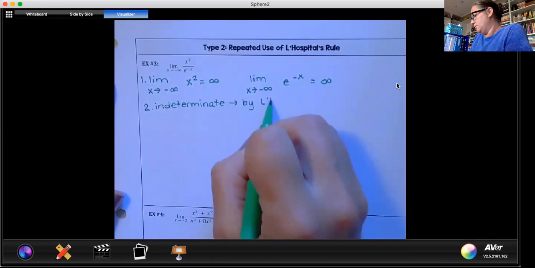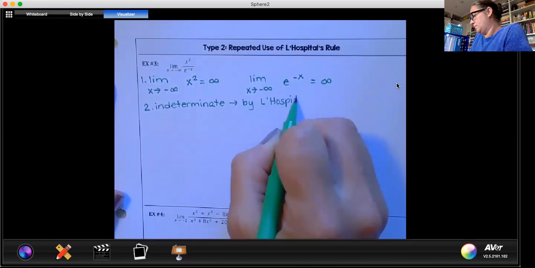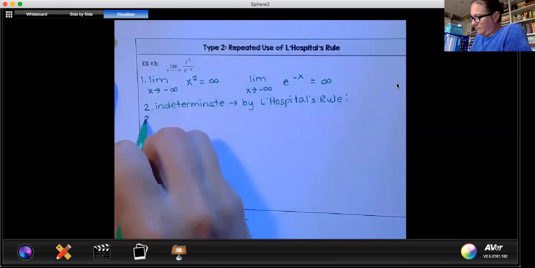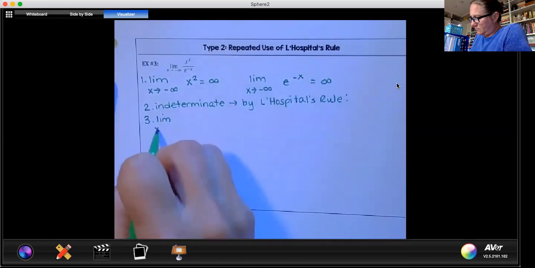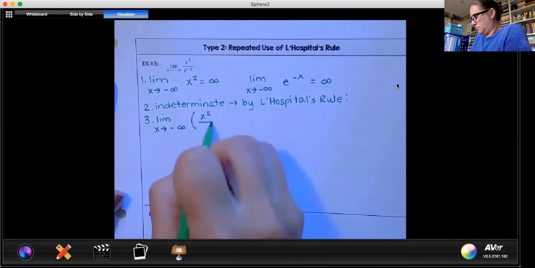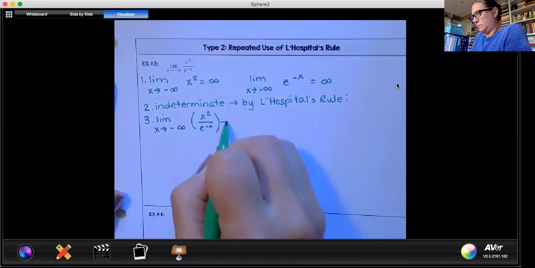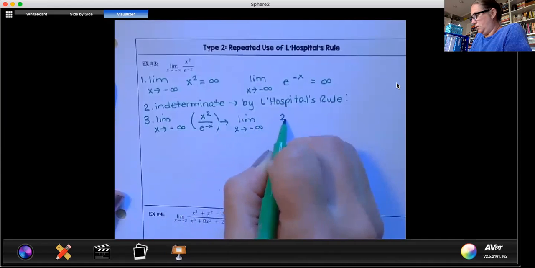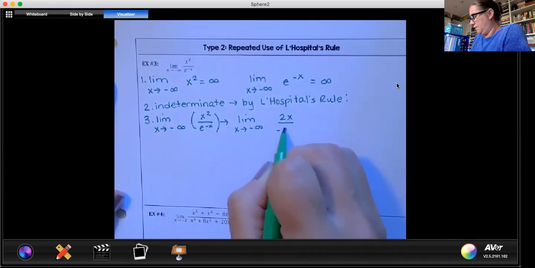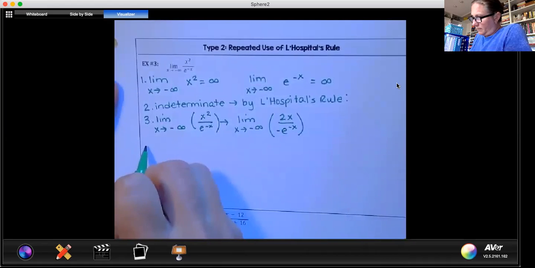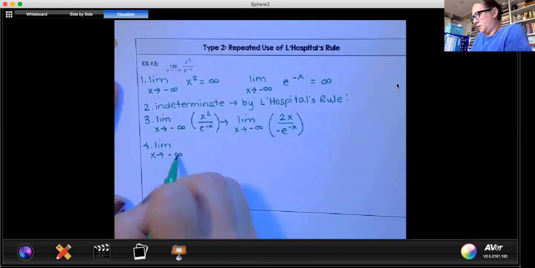So by L'Hopital's rule, time for our derivatives. 2x over negative e to the negative x. Set up your limit of the top.